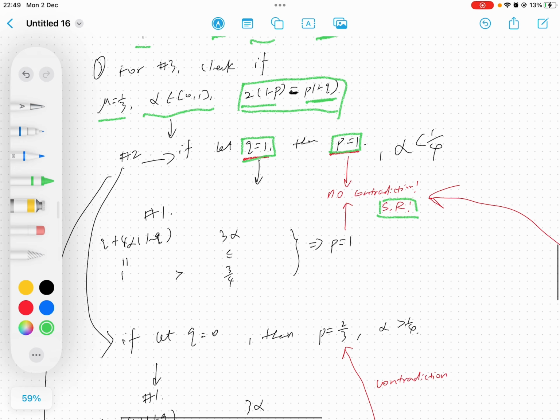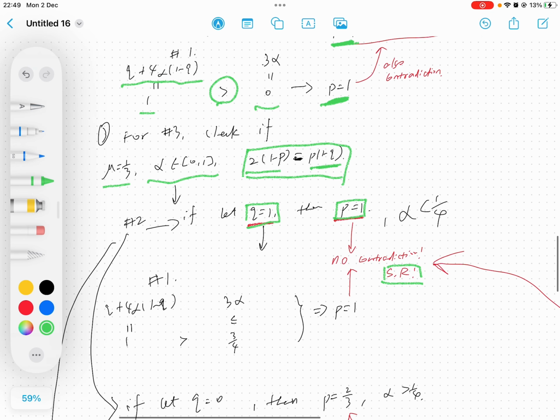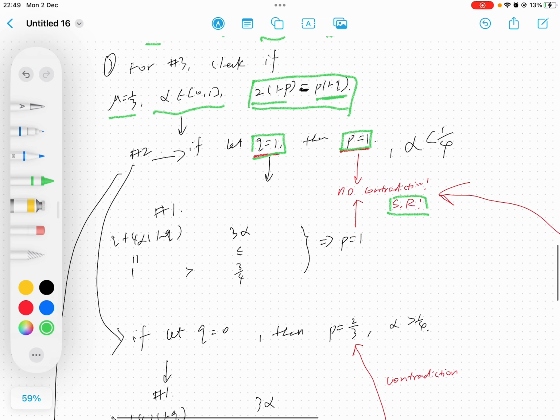Good. So if p is 1, and here we also have alpha is less than a quarter, given by this p is 1. Then we verify player 1, and the left hand side gives 1, the right hand side 3 alpha gives us something which is less than or equal to 3/4, and this is a greater sign, and that gives us p is 1.